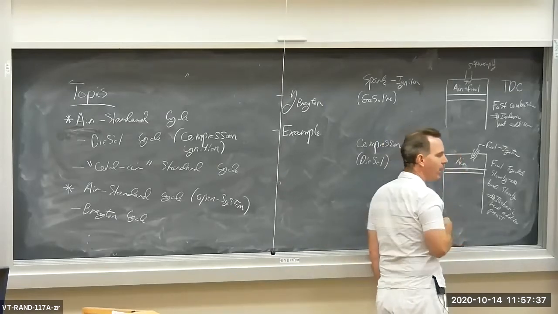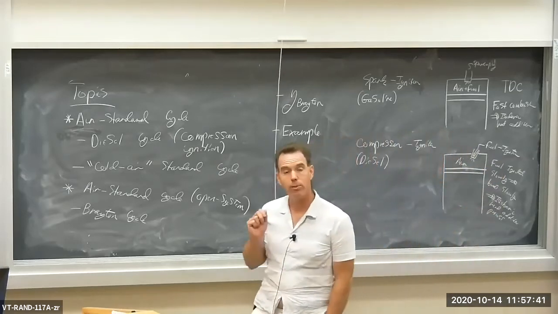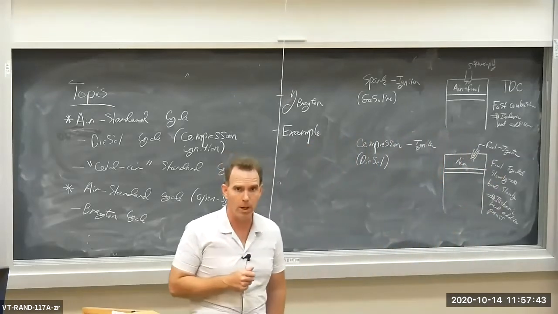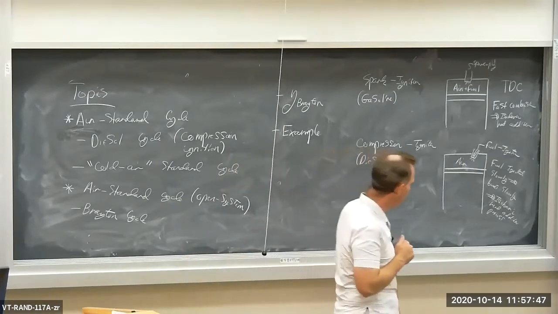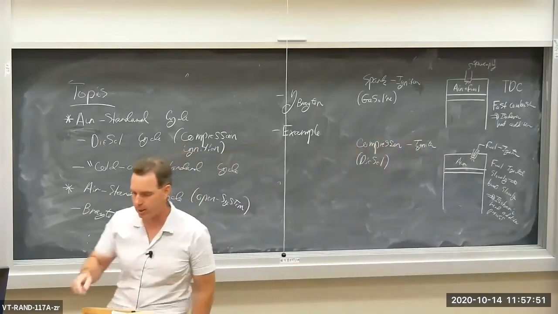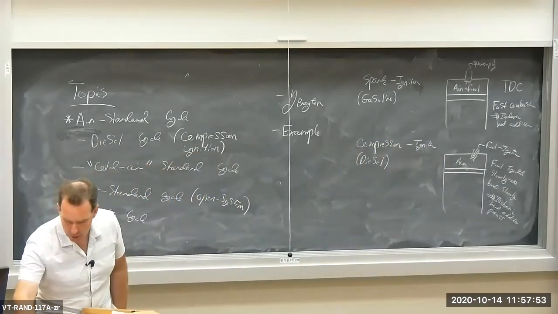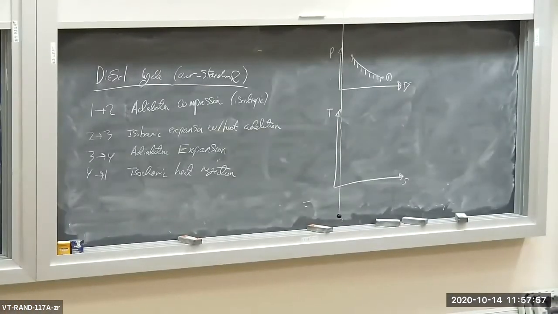But it burns fairly slowly because we're limited by the rate at which the fuel pump can inject fuel. So we assume this is an isobaric heat addition process for the diesel, as opposed to an isochoric heat addition process for the gasoline or Otto cycle.